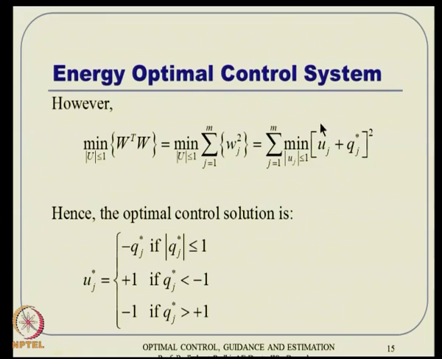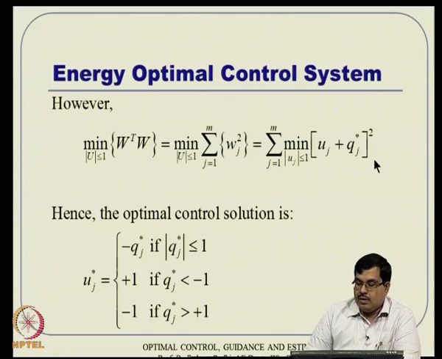Now let us see what value of Uj I will select so that this quantity becomes minimum. Remember, this is a whole square term, so each of the terms has to be minimum. Uj plus Qj star whole square means U1 plus Q1 whole square plus U2 plus Q2 whole square like that. To minimize the entire quantity, we should minimize the individual quantities.